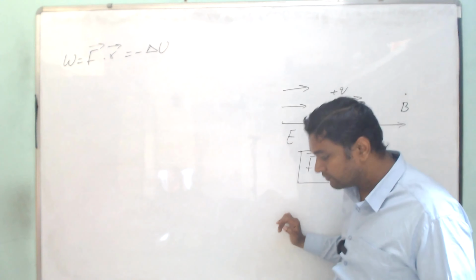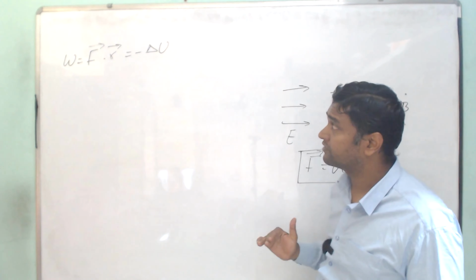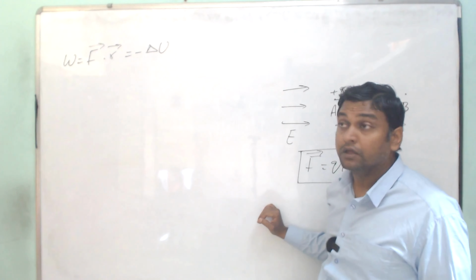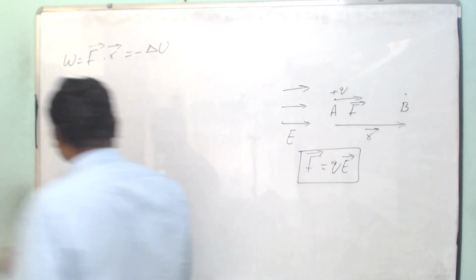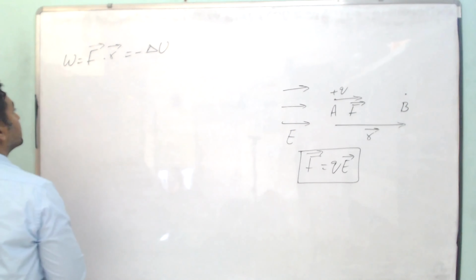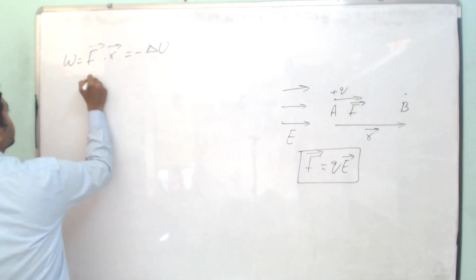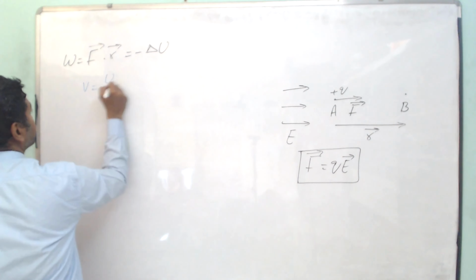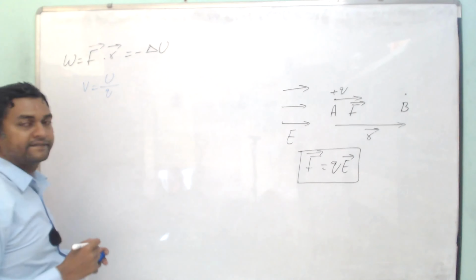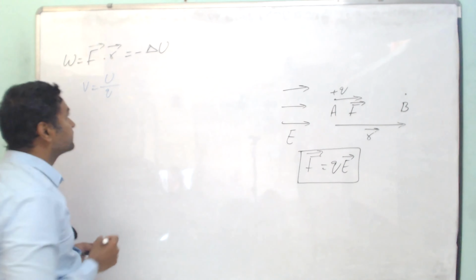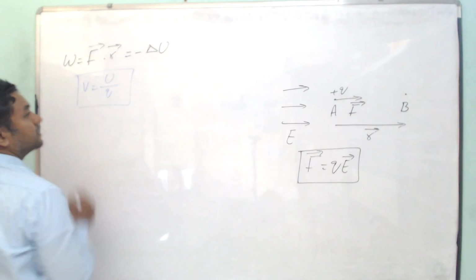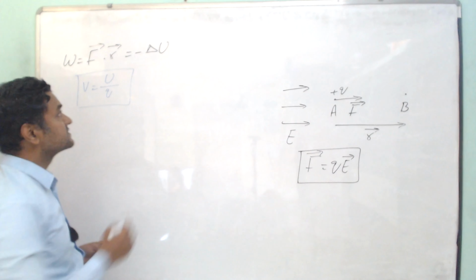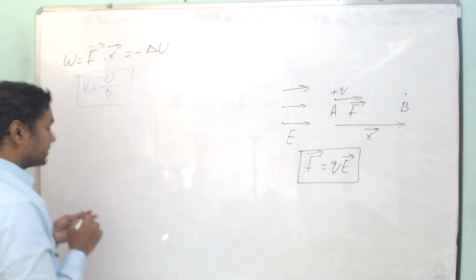Great. We have come till here, but we have already defined electrostatic potential as what? Electrostatic potential is equal to potential energy by test charge, right? So I can write U is equal to Q into V. I can substitute it over here.